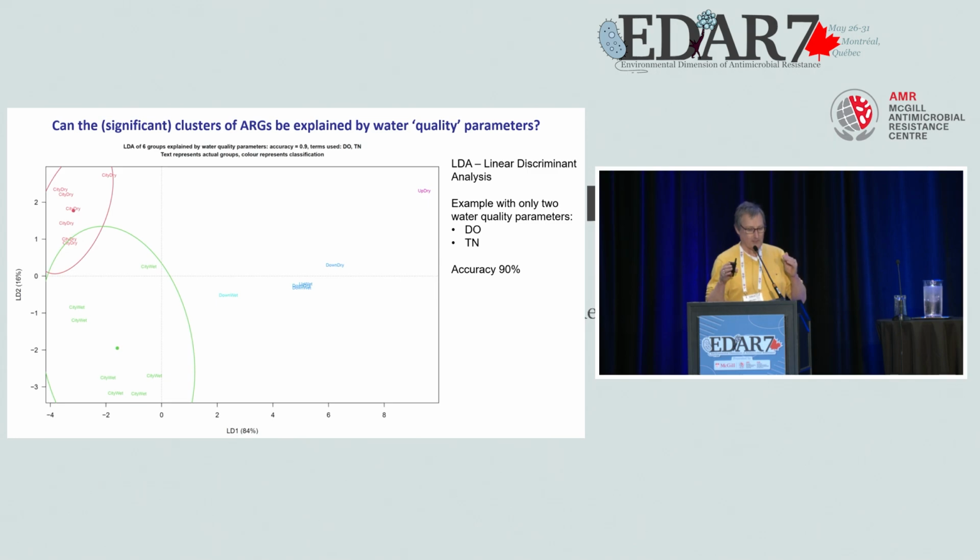So we are using a separate data set to explain the resistance gene pattern. And here you can see with linear discriminant analysis that you have a clear separation between the city locations and upstream. Upstream is furthest away, hope you can see it on the top right, and downstream is in between, which I think is a sensible pattern.